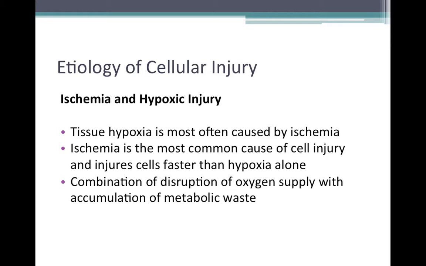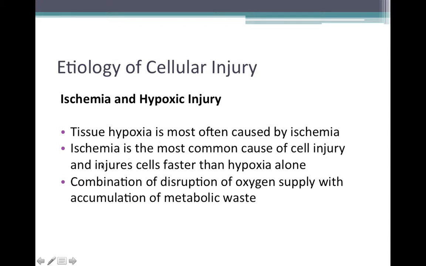Like for instance, carbon monoxide can cause hypoxia, but not affect blood flow because the blood can still continually flow how it normally does. But carbon monoxide can block hemoglobin's ability to transport oxygen, which can cause hypoxia or low oxygen levels in the tissue. But typically, tissue hypoxia is caused by ischemia.